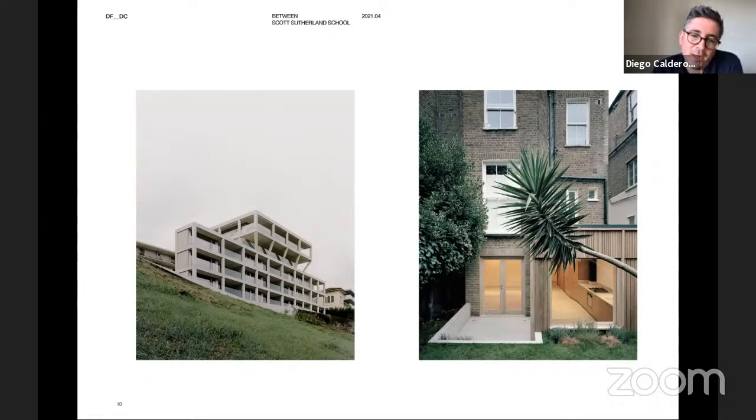The project on the right, as you can see, is your everyday Victorian terrace.